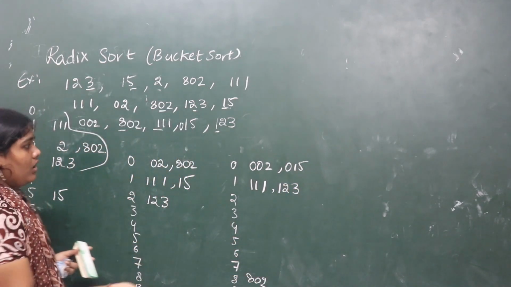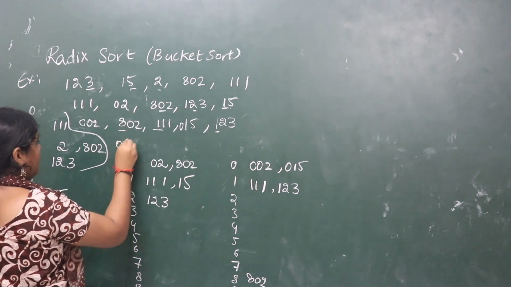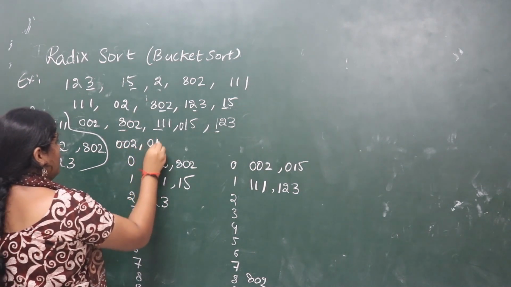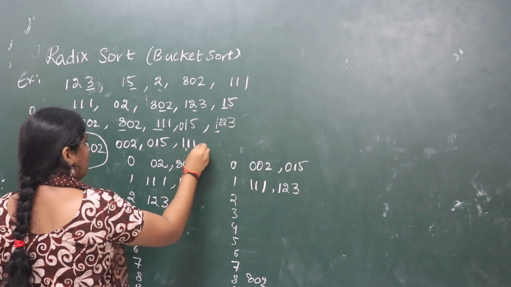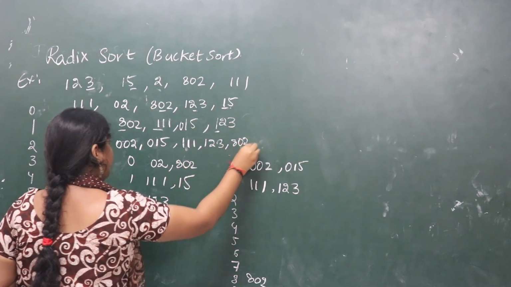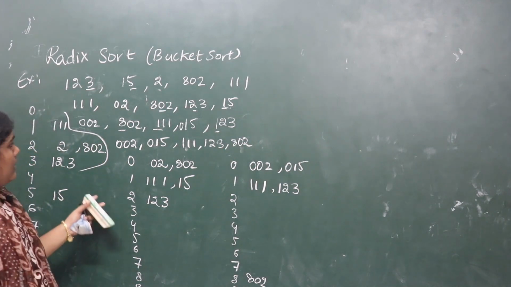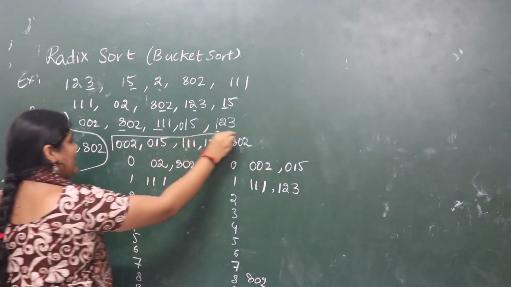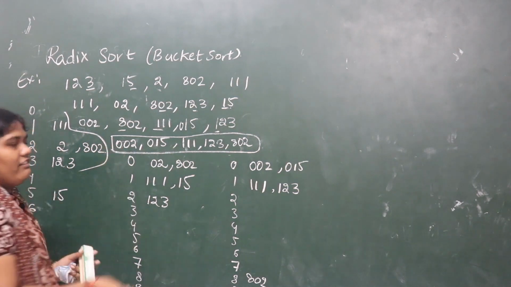And if we write this in the same order, here this gives us the sorted list of our given 5 elements.